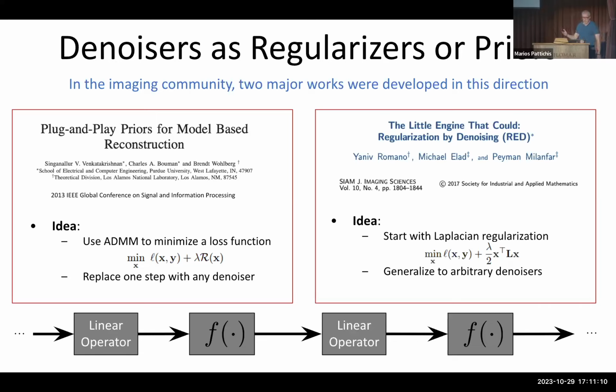To use denoisers as regularizers or priors, there were two major works that developed in this direction. One was by our colleagues at Purdue, who came up with the so-called plug-and-play priors for model-based reconstruction. The idea there was that you would write down your loss function and solve your optimization problem using ADMM, and in the process of solving using ADMM, one step stood out as basically being a denoiser.